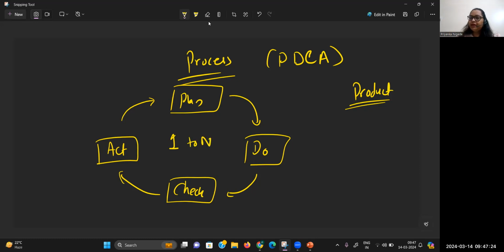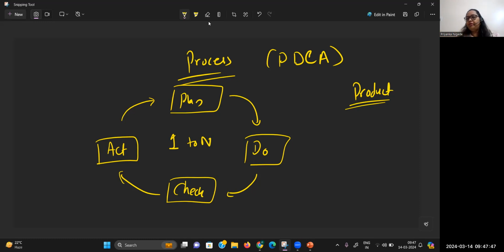Means there might be a possibility that again and again we are making changes in the plan, or we are implementing the same application with some updates. So there could be one cycle or multiple cycles you are following to implement the particular product, correct? So PDCA is all about the software process development cycle.